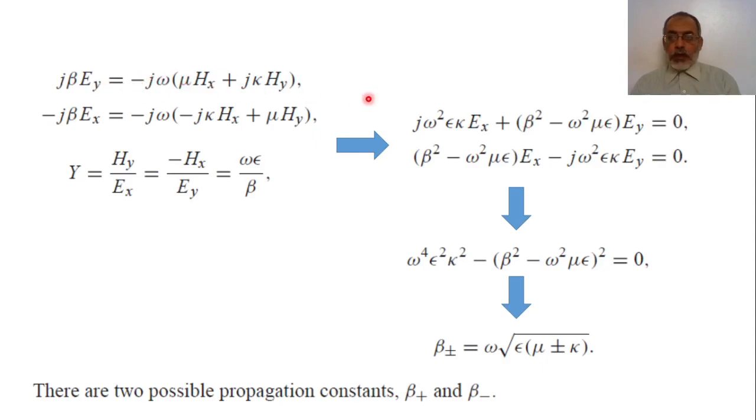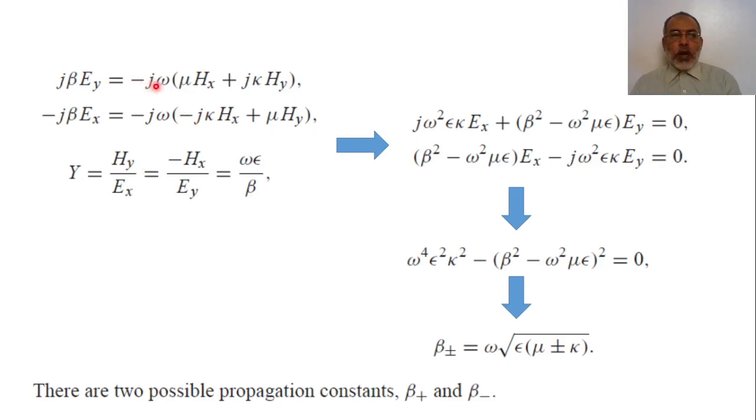Here, for example, we have j beta Ey and minus j omega mu Hx. Hx would be replaced by minus omega epsilon over beta Ey.